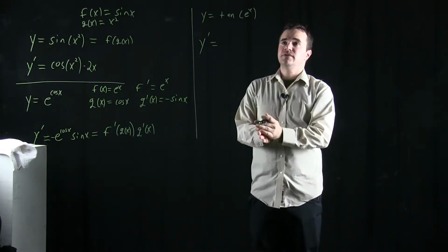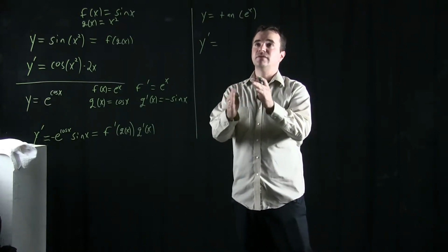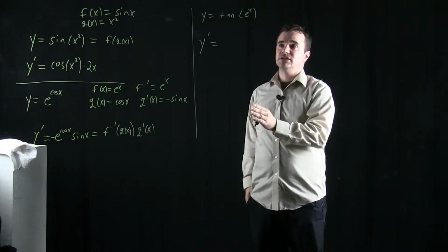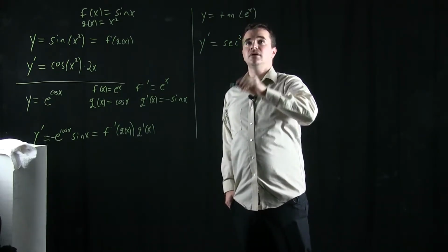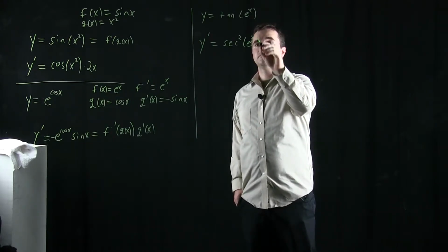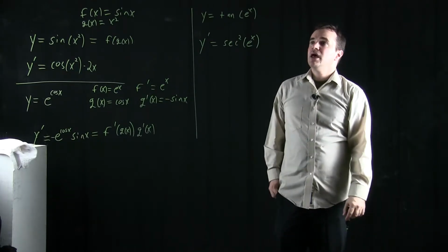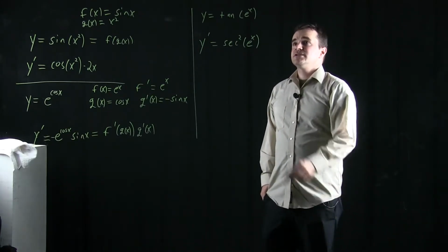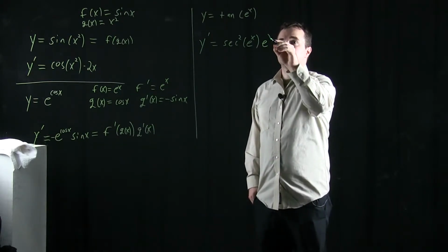Your f is tangent of x, your g is e to the x. So what you're doing is taking the derivative of your outside function, derivative of tangent, now we know that's secant squared, and then we're plugging in e to the x. That's derivative of outside, then plug in the inside function. And now you multiply this by the derivative of your inside function, the derivative of e to the x. It's e to the x.